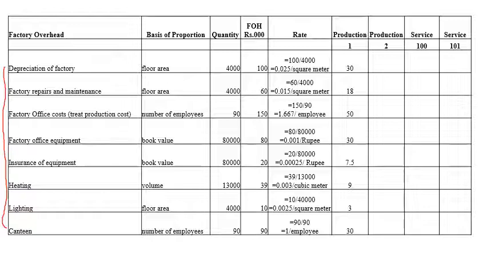So I also mentioned here the basis of distribution of FOH. Depreciation of factory would be distributed according to the floor area. Then factory repairs and maintenance are also related to the floor area, so the basis would also be floor area. Then again, factory office cost is treated as production cost, so it would be distributed according to the number of employees.